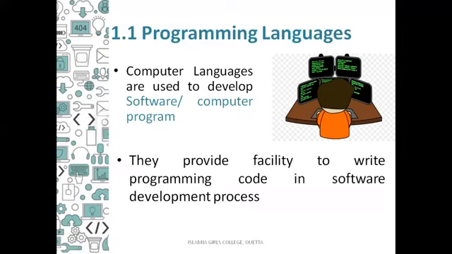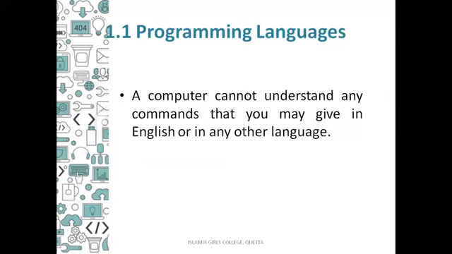These computer languages or programming languages provide the facility to write the programming code in the software development process. Why are we using these programming languages? Because a computer cannot understand any command that you may give in English or any other language.